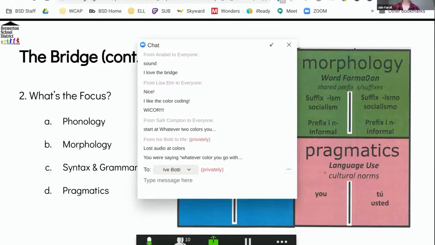Or you could look at morphology, so how word formation is and the use of cognates or word endings or prefixes, things like that. You could focus on syntax and grammar, so actual sentence structure, the use of different articles or word sentence or sentence and word choice / order, and then also the pragmatics, so the language use and the cultural norms of the language.